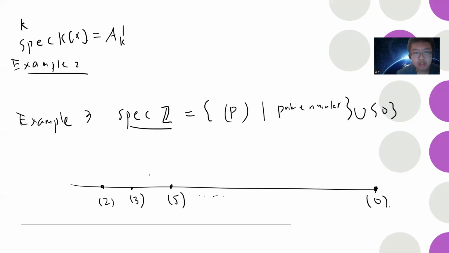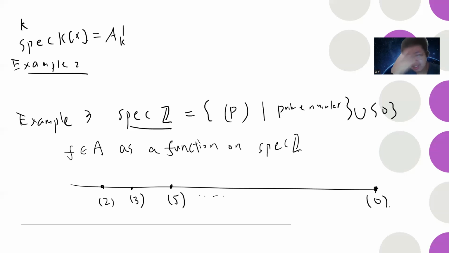And I also want to say that in this affine scheme language, you can view the element in the ring as a function. This is why somebody likes to write f, as a function on Spec Z, or on a general A. For example, let's choose f to be 100.